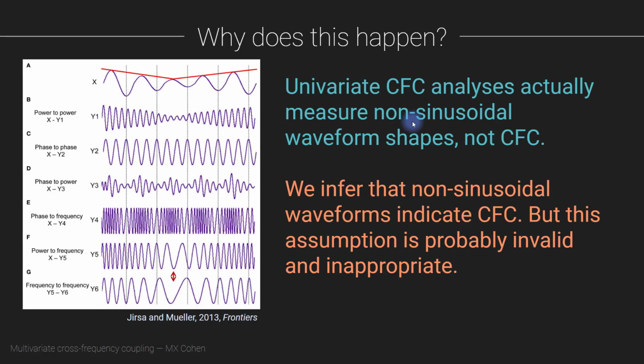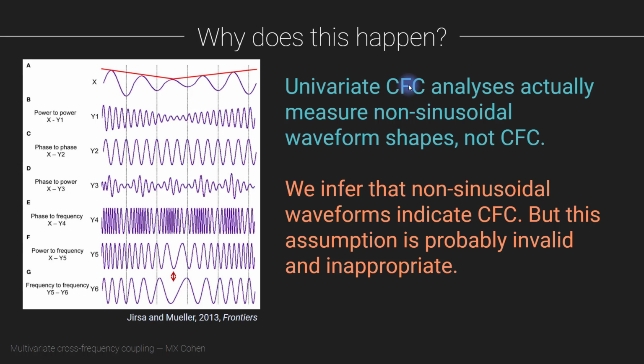So what's really happening in the literature when we do this as scientists, as researchers, is we apply these univariate cross-frequency coupling analyses, and then we infer that a non-sinusoidal waveform indicates cross-frequency coupling. So this is an inference that we make when we see our univariate cross-frequency coupling results.